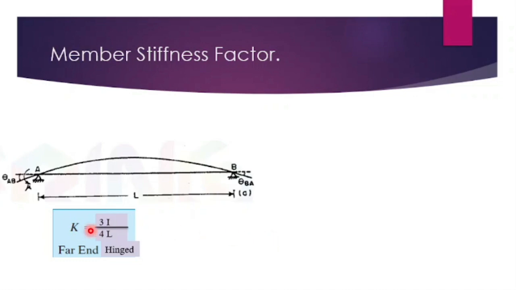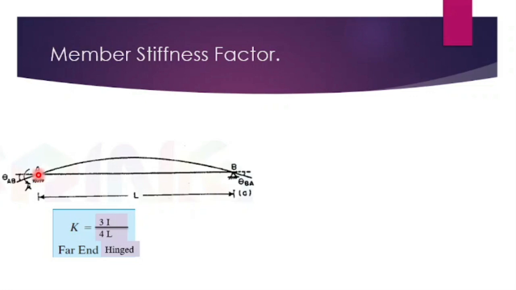See, if any beam is there, say a simply supported beam, and if the beam is deflected in this manner, assume that, and you have theta AB and theta BA. So you have 2 thetas here. The factor here is the stiffness. Stiffness factor is much more important here, and what do you mean by stiffness is force by deflection.